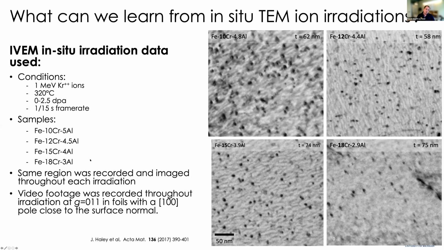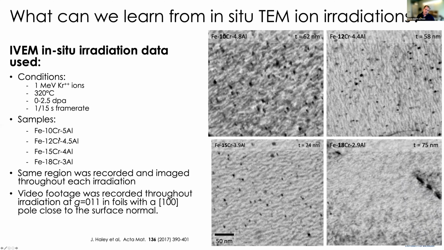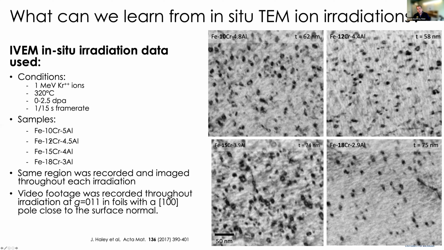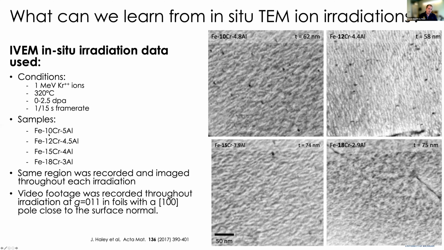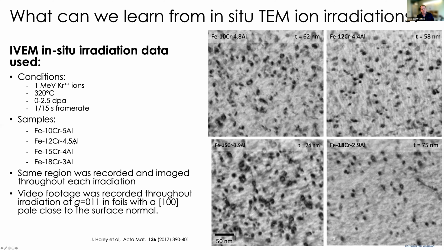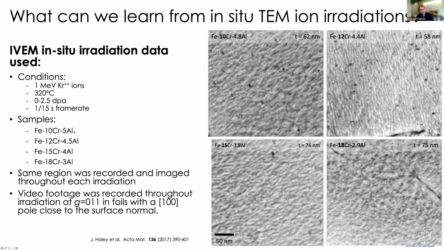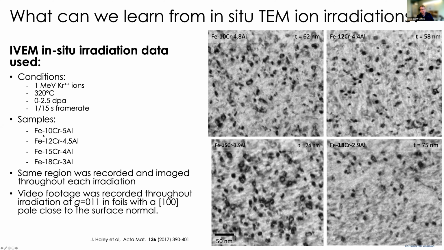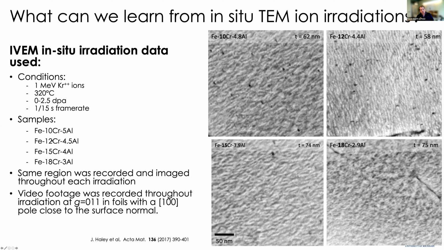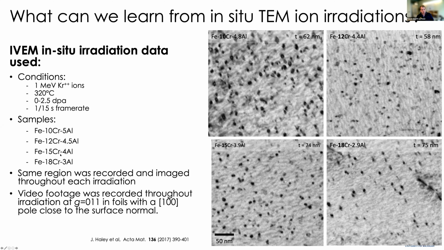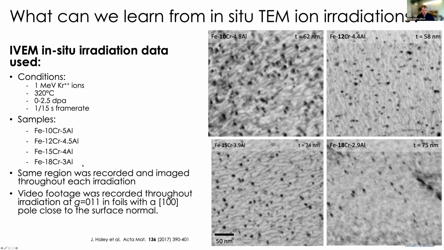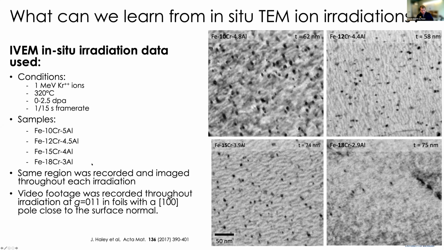What we're doing here is looking at 4 different alloys. These are called iron chrome aluminum alloys. They're body-centered cubic materials, and they're being considered as replacement materials to prevent things like Fukushima from ever happening again. But we wanted to get an idea of how these defects would form as you change the composition, which is why we have these 4 different alloys.